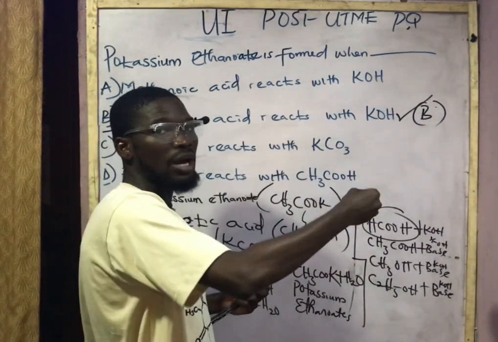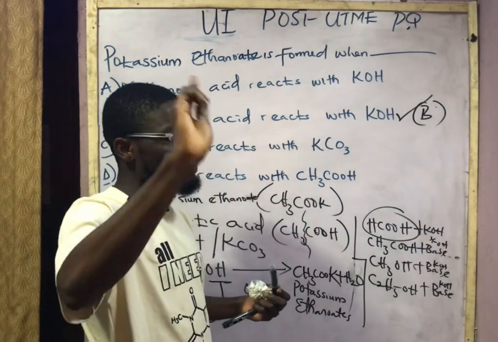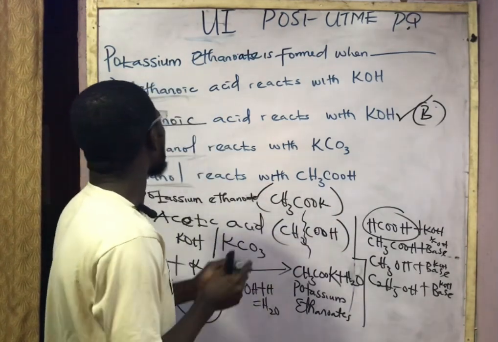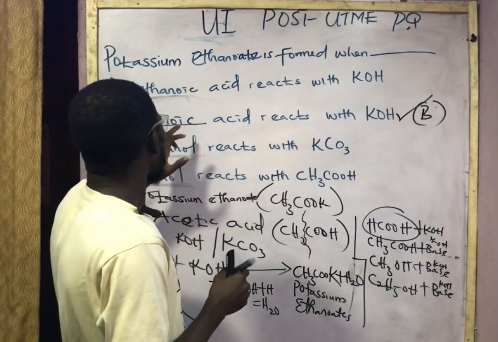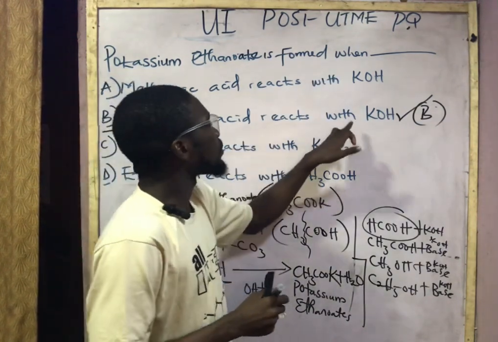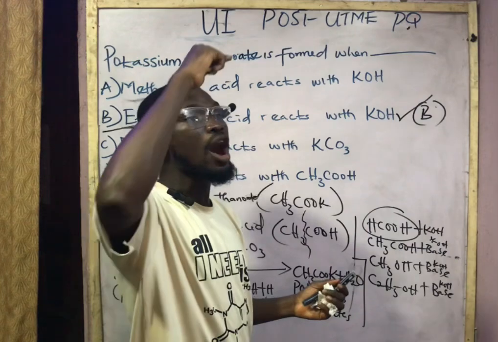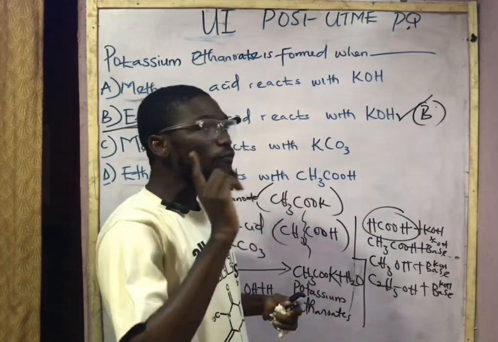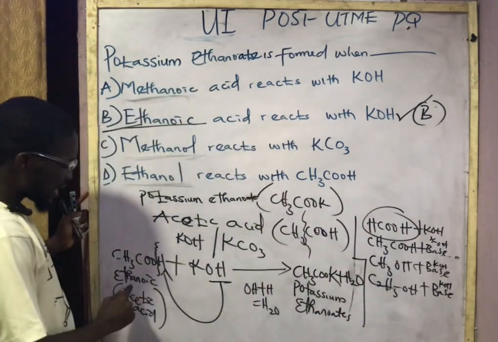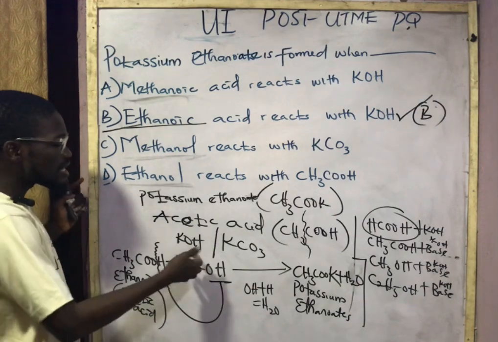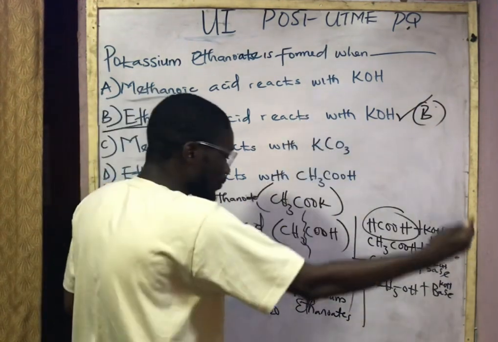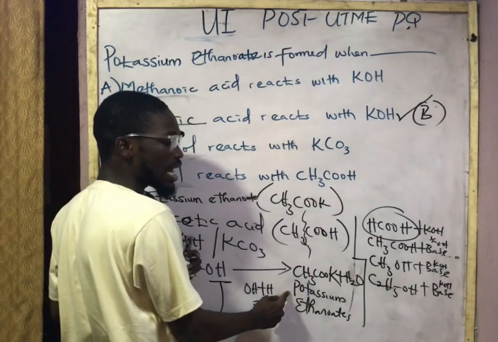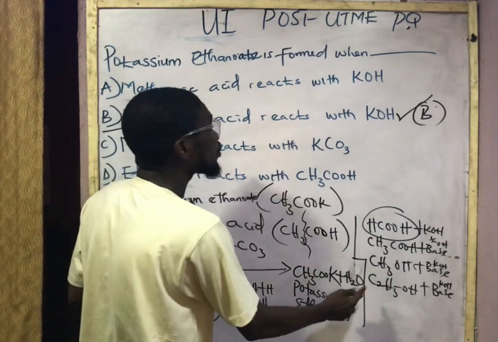They can easily say that potassium ethanoate is formed when ethanoic acid reacts with potassium hydroxide to form what again? Don't forget that when ethanoic acid, which is acetic acid, reacts with potassium hydroxide, on the product side we deduce potassium ethanoate and water.